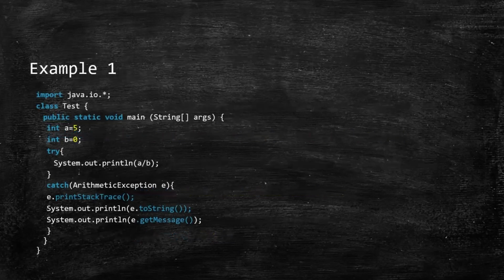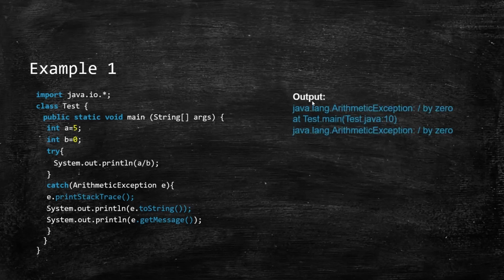Here we used e.printStackTrace, which will give you the name, description, and the stack trace. toString will give you the name and the description, and getMessage will give you the description only. Let us see the output. You can see this is the output which was expected.